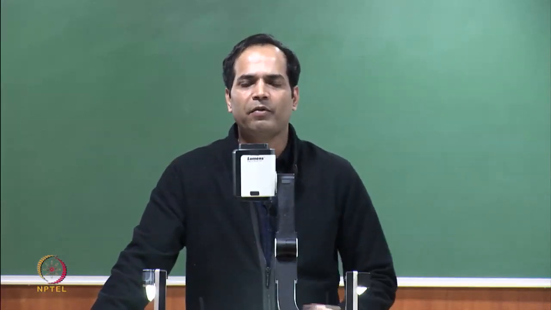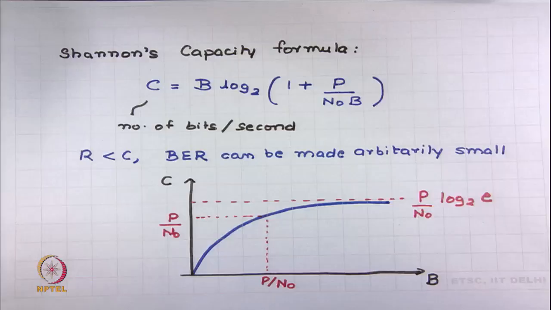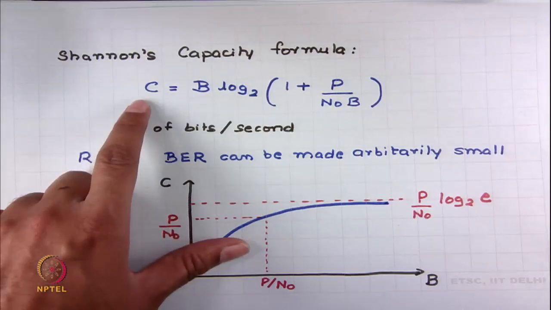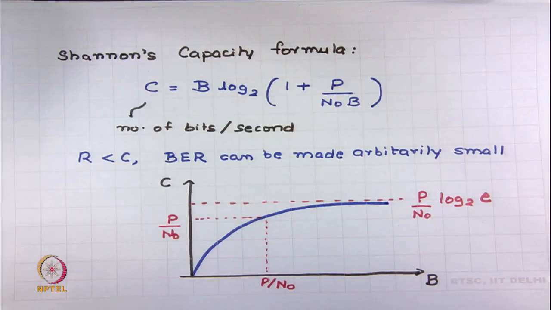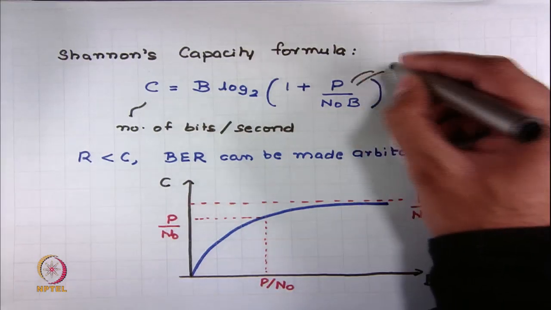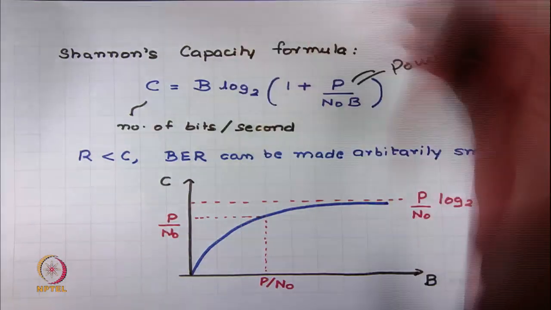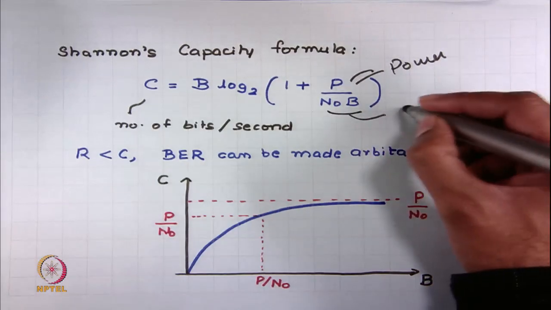We will start with these orthogonal modulation schemes in the next lecture, but let us try to understand this trade off between the power requirement and the bandwidth from the point of view of Shannon's capacity formula, which is quite useful and insightful. Shannon's capacity formula, as you must have seen, is C equals B log 2 of 1 plus P by N naught B. So, P is the average signal power, N naught B is the average noise power.